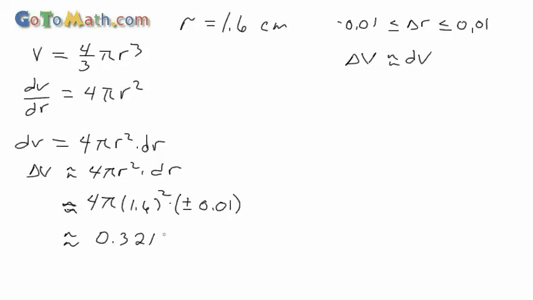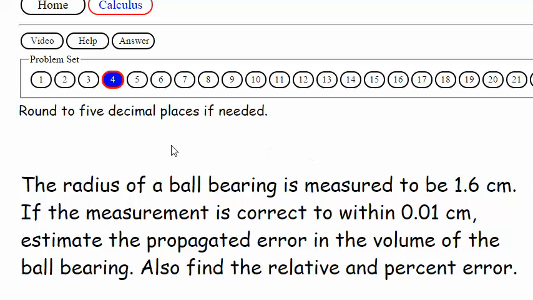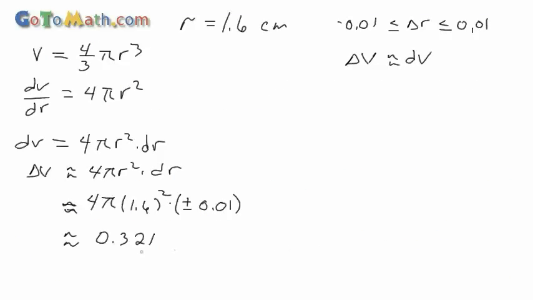I can't remember, we're supposed to be rounding to 5 decimal places if needed. Actually, that's going to be 0.32170, counting 1, 2, 3, 4, 5. This is a 6, and then it says 99. So this ends up being that.